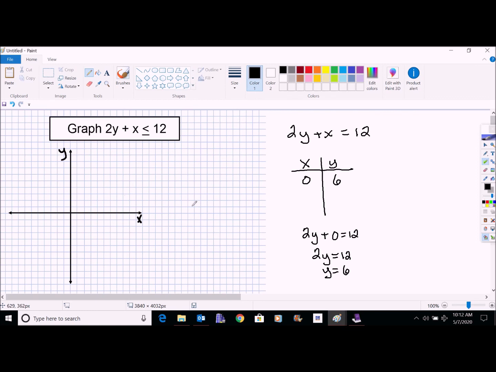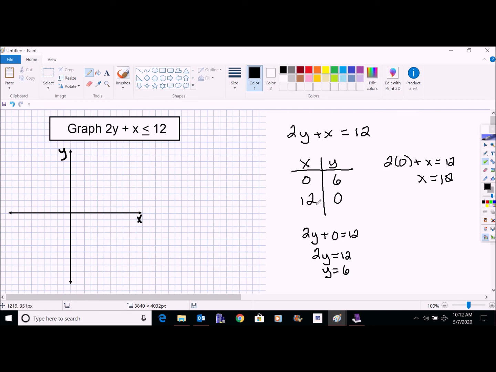But I'm purposely not graphing that right now. The problem is going to come, so be careful if you have a bigger number here, because when I plug in my 0 here, and I do 2 times 0 plus x equals 12, I get x equals 12.